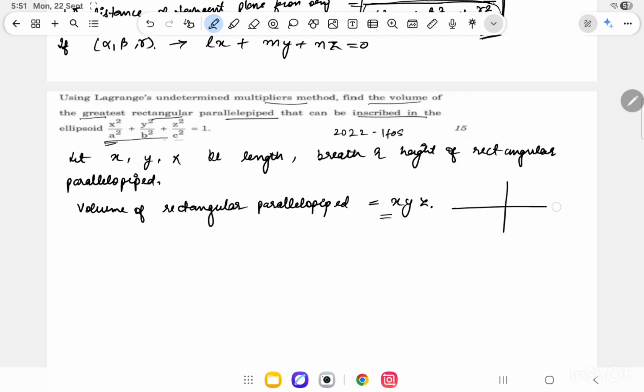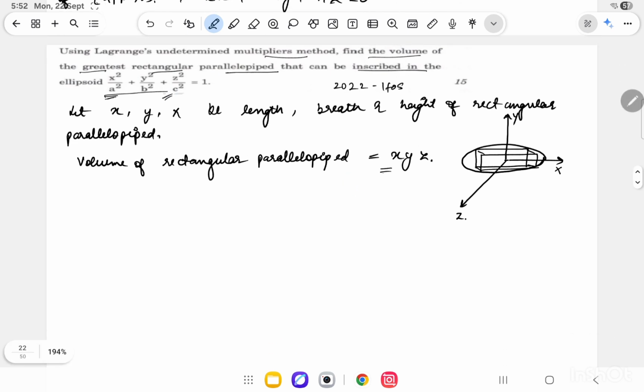So, let's say this is the x-axis, this is the y-axis and this is the z-axis, and this is any ellipsoid, and we are supposed to fit inside it a rectangular parallelepiped of maximum volume. So we are supposed to tell the maximum volume rectangular parallelepiped that can be inscribed in this given ellipsoid.